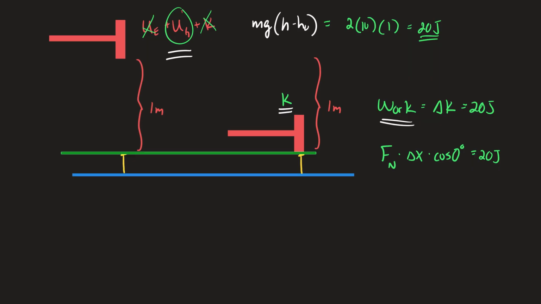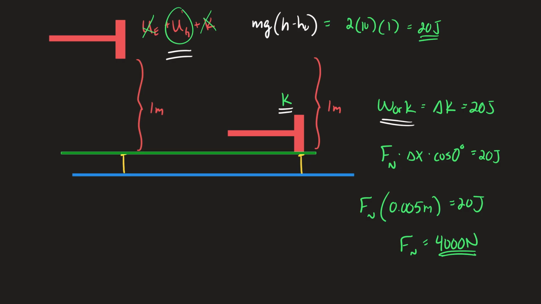The displacement of the nail is 0.5 centimeter, so 0.005 meters. So the force on the nail is 20 divided by 0.005, so 4,000 newtons of force on the nail. Is that okay? Not too tough, but there's stuff here.